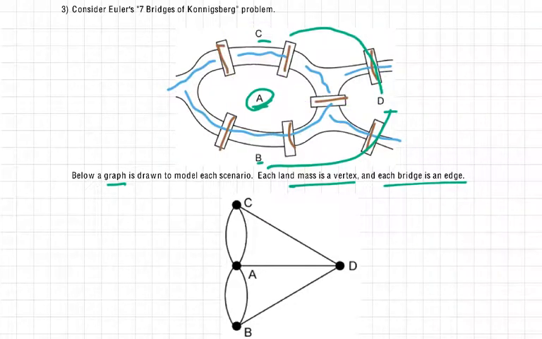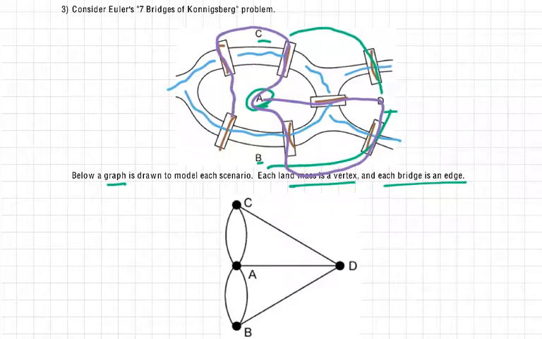What if I go from A to D and D into B, and then from B into A, and let's do C into A, into C, and then C into A, and then I go from A into B, but I'm stuck again because I've used all three of these bridges.